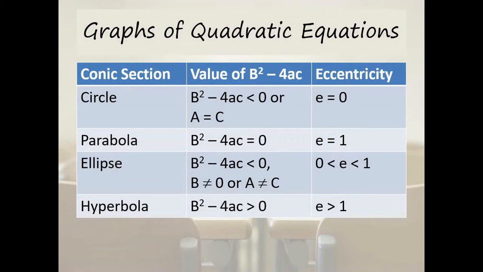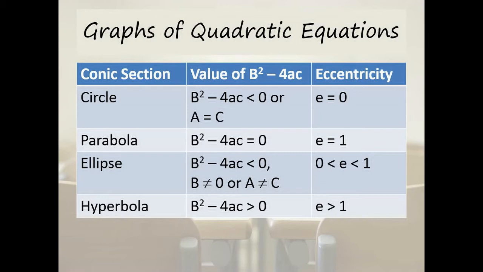If the conic section is a parabola, the value of b squared minus 4ac is equal to 0, and at the same time, the eccentricity is equal to 1. If the conic section is an ellipse, the value of b squared minus 4ac is less than 0, and b is not equal to 0, or a is not equal to c.